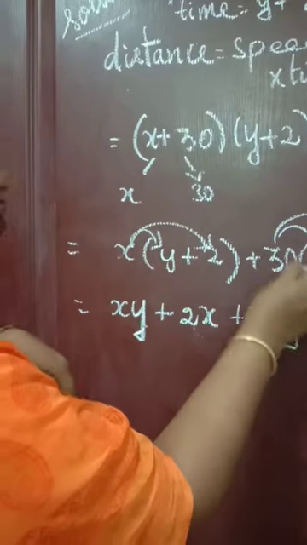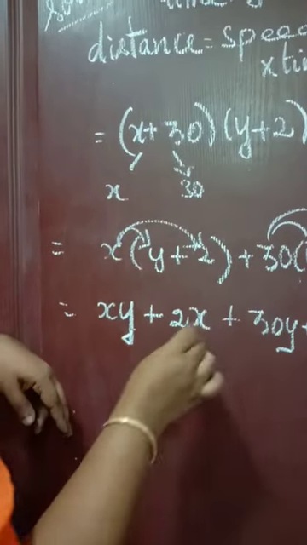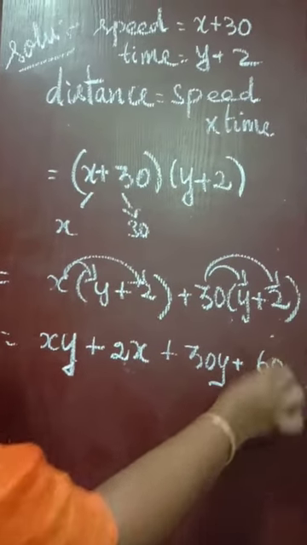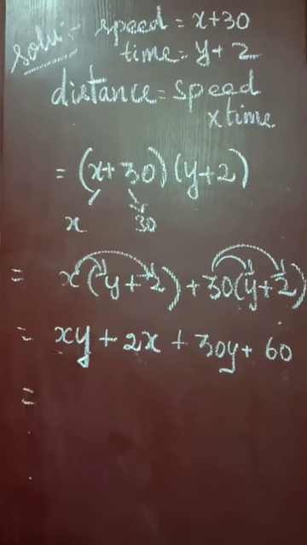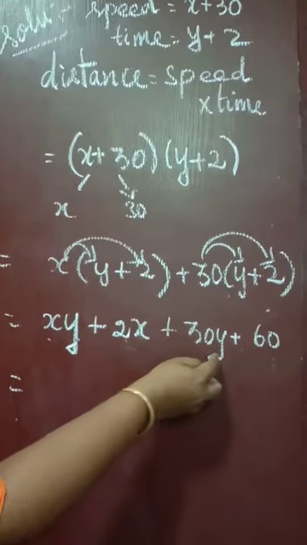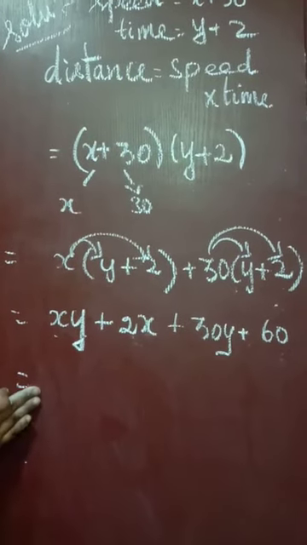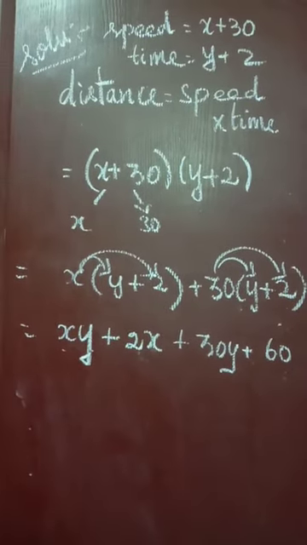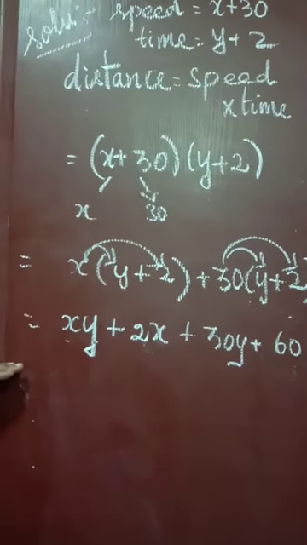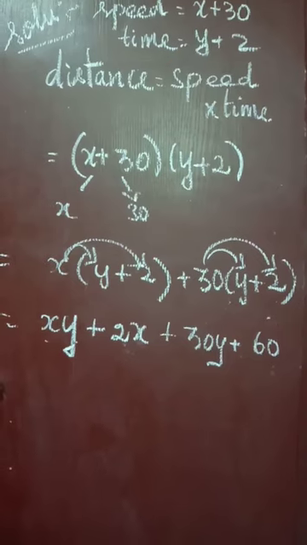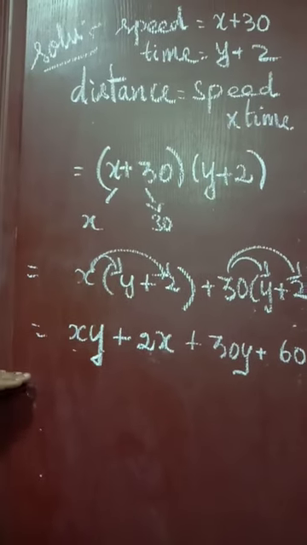Yes, 30 into 2, 3 2s are 6, 60. Listen, this is the xy term, this is the x term, this is the y term, this is 60. All are different terms, so no need to add or subtract. So this is the distance covered by the car. This is the answer of the sum.